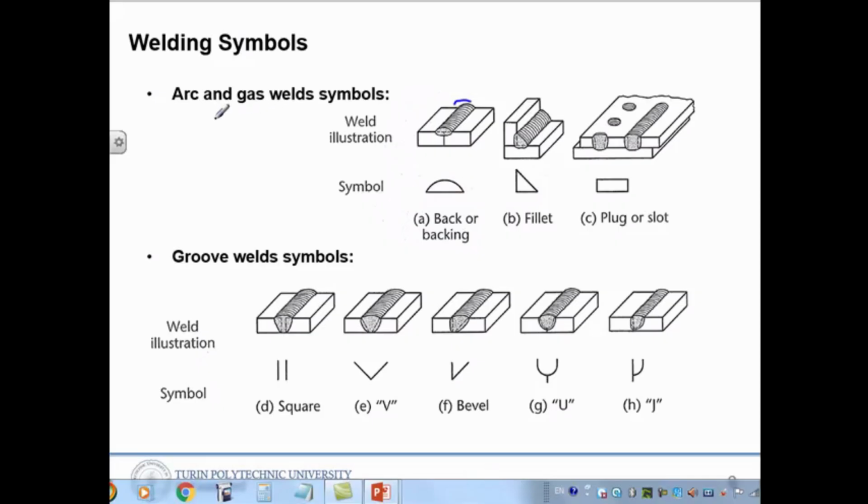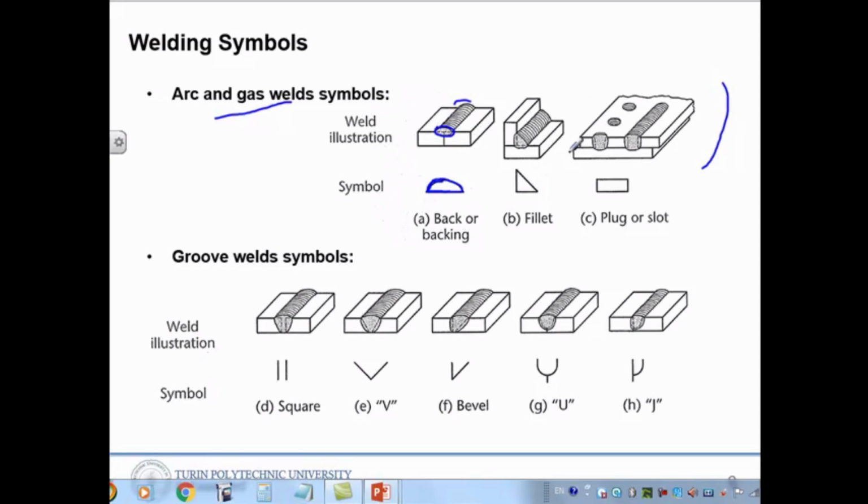Arc and gas weld symbols are similar, as follows. The illustration of reality is like this, and the symbol is this. We draw this kind of bump shape, and the bottom part is a straight line. That is called backing, or back. So this kind of joint.